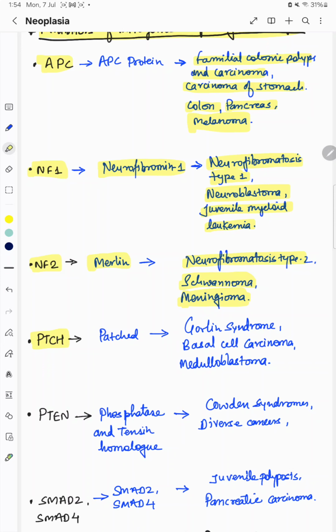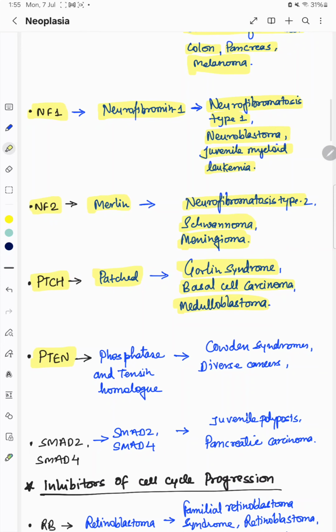Another gene is PTCH, which codes for the patched protein. Mutation of this gene will result in Gorlin syndrome, basal cell carcinoma, and medulloblastoma. PTEN gene codes for the protein phosphatase and tensin homolog.